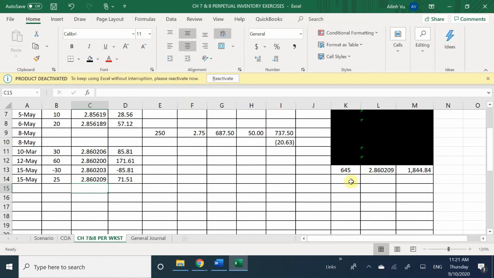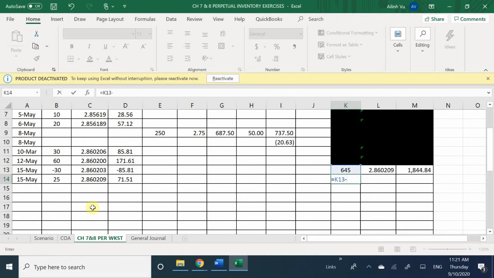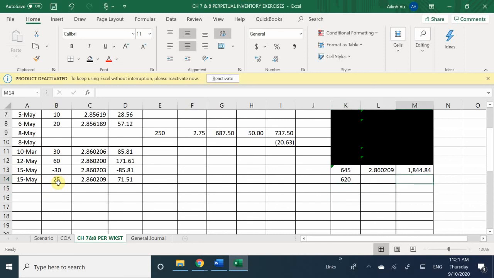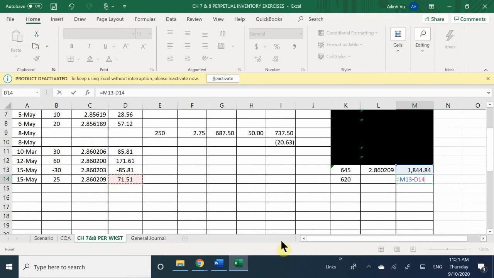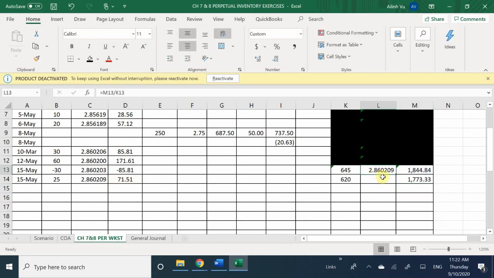Let's go ahead and update our inventory, since we sold 25. That leaves 620. What is the total amount that I subtract here? 71.51. And my new cost per item is going to be 2.86.